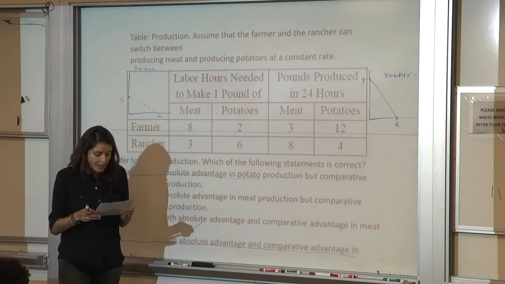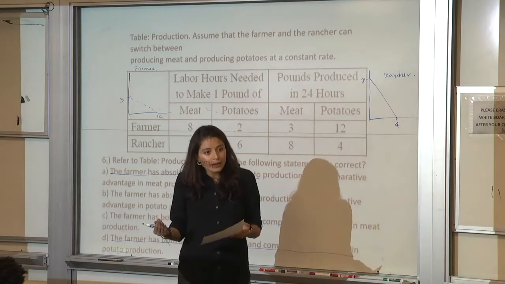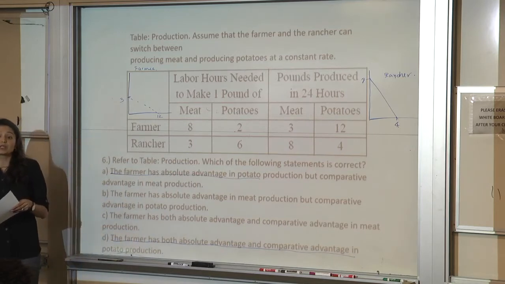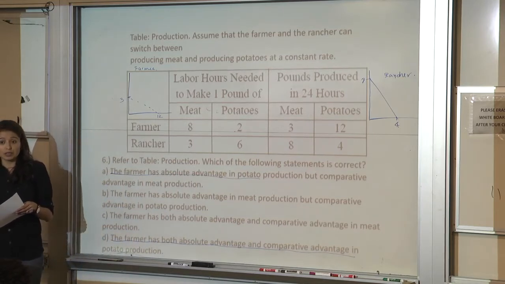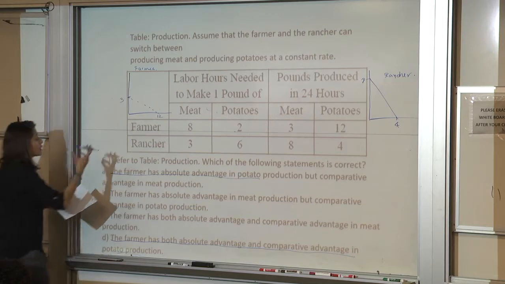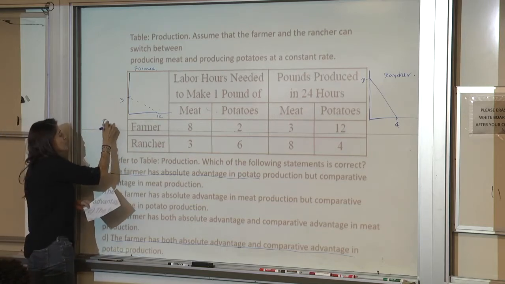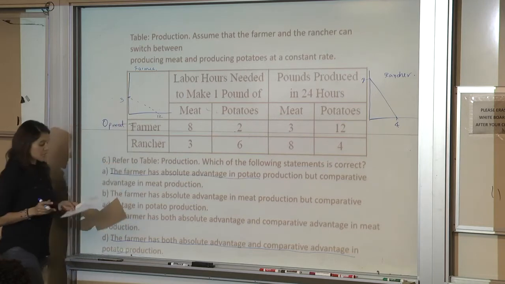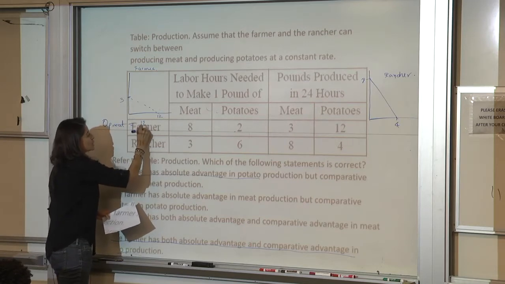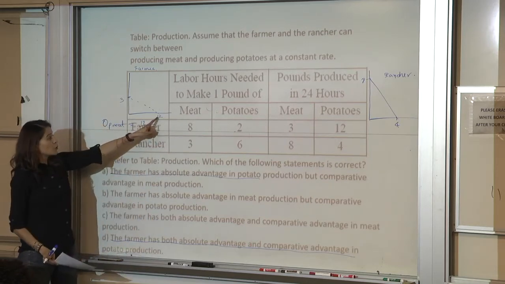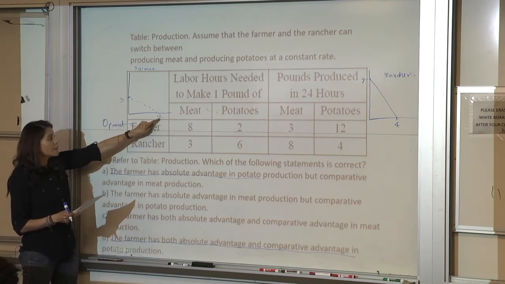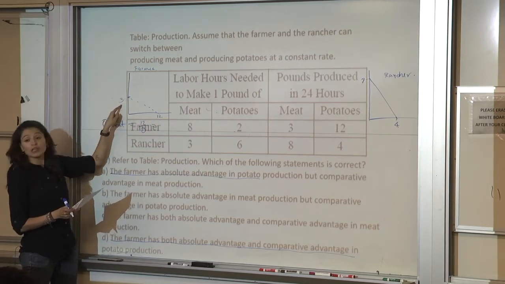Everyone with me? Okay, so now, how do you get the comparative advantage? By looking at the opportunity cost. How do you calculate the opportunity cost? What you have to give up to produce the other good. So for the farmer, the opportunity cost of meat is equal to what? 12/3. Because the farmer has to give up 12 pounds of potatoes to produce 3 pounds of meat, okay?